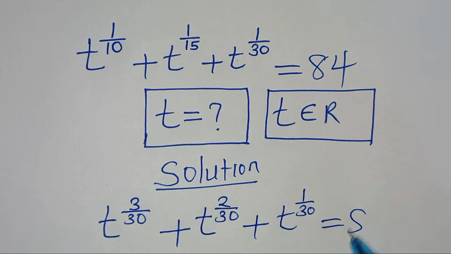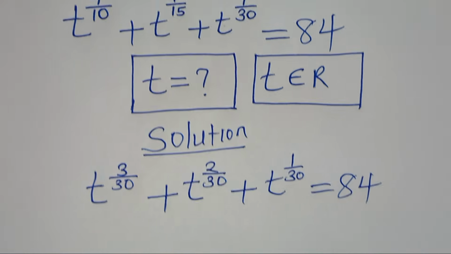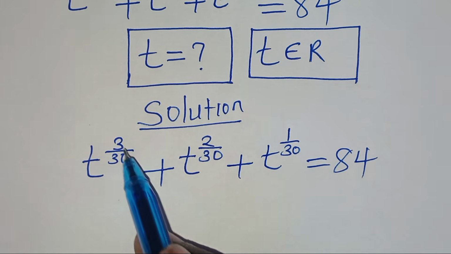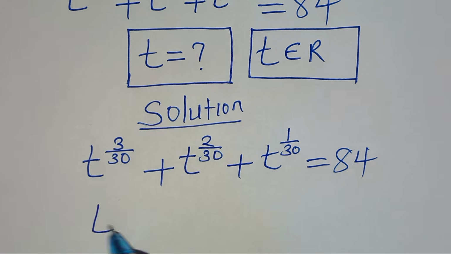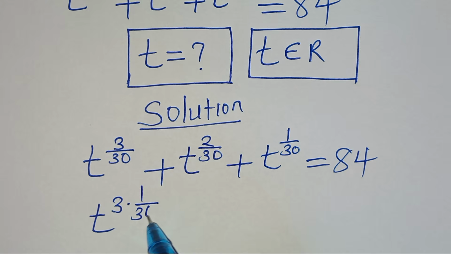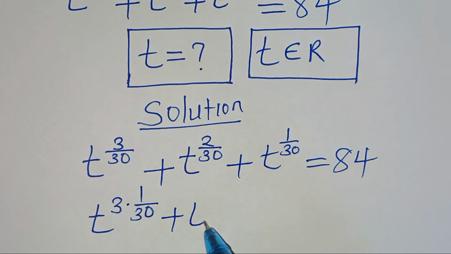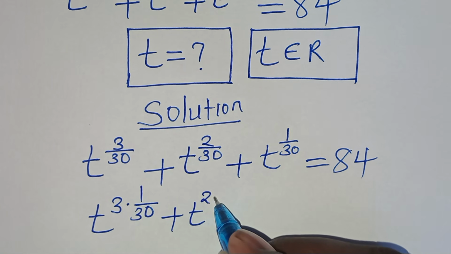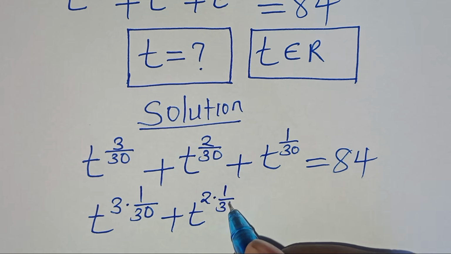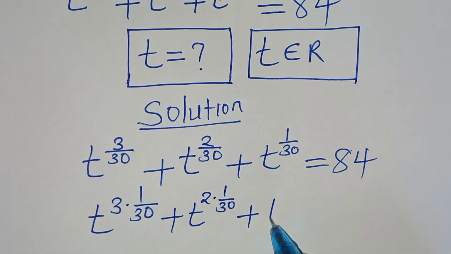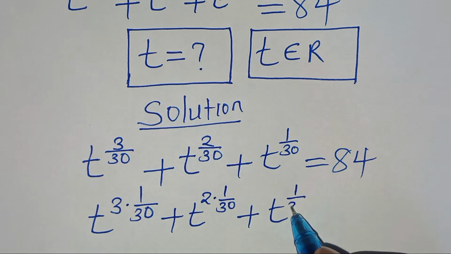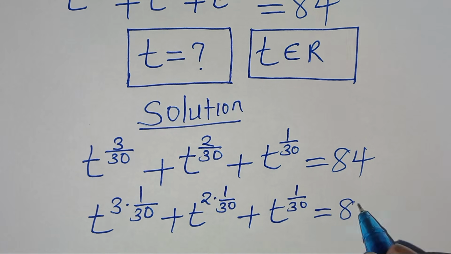This is equal to 84. We can express t to the power of 3 over 30. This is the same thing as t to the power of 3 times 1 over 30 plus t raised to the power of 2 times 1 over 30, then plus t to the power of 1 over 30. This is equal to 84.